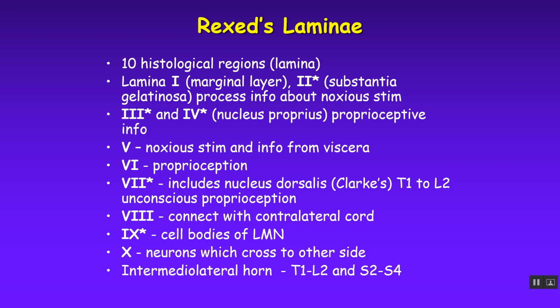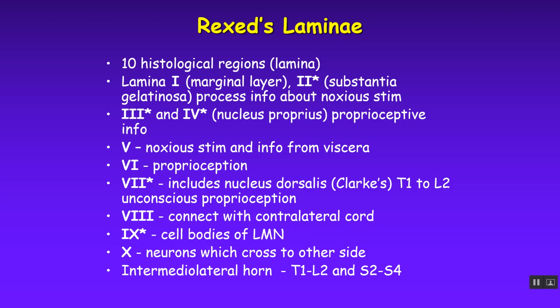Lamina 8 has connections with the contralateral cord; you'll see it's in the middle of the gray matter, which allows these connections with the contralateral side. Lamina 9 is where your lower motor neurons lie; the cell bodies of those anterior horn cells are in lamina 9 for the biggest part. Lamina 10 also includes neurons which cross to the other side of the spinal cord.